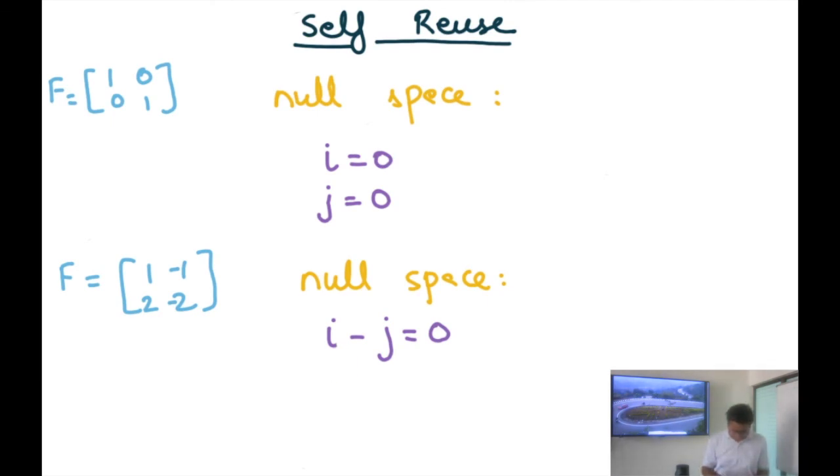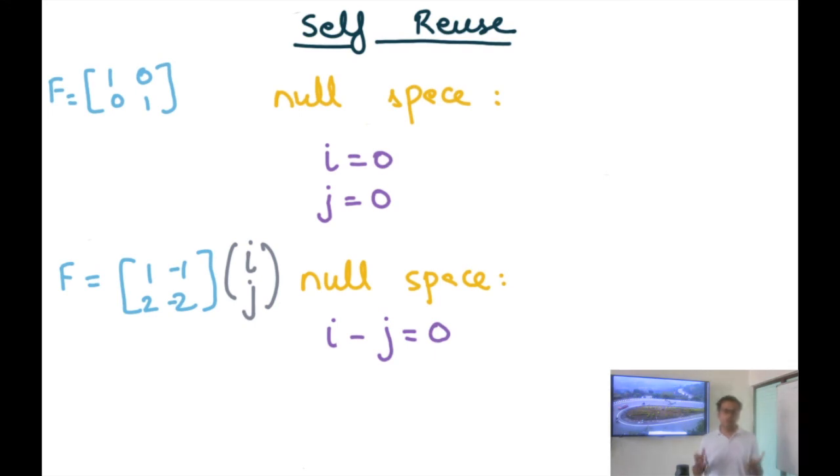So in this case, the null space is actually I minus j equals 0. In other words, if I multiply this with I comma j, so whenever I equals j, then F into the vector I, j is going to give me 0. So for example, if I multiply F with 1, 1, it's going to give me 0.